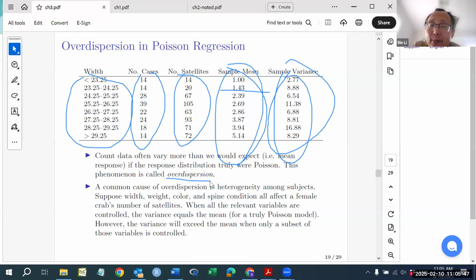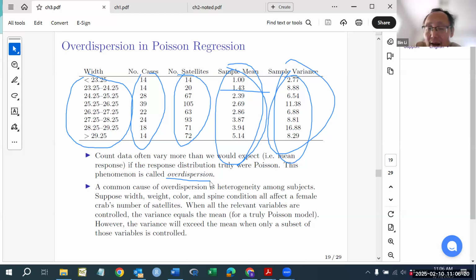What does that mean? It means the carapace width is not the only factor that affects the number of satellites. There are several other factors that can affect it, for example the weight, color, and spine conditions.